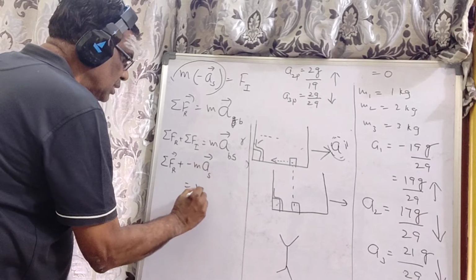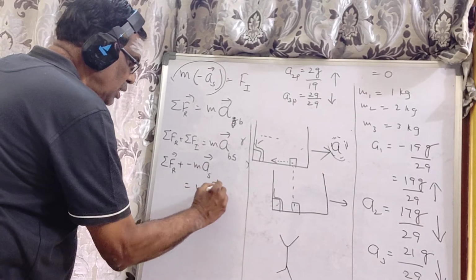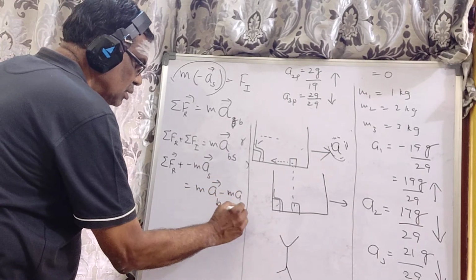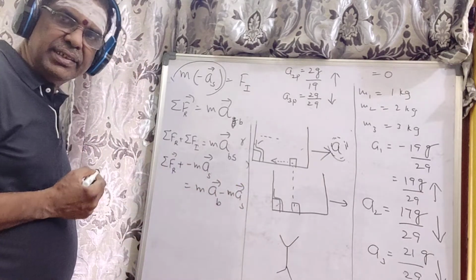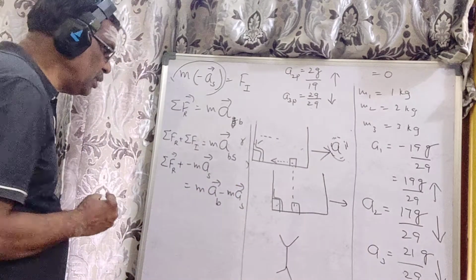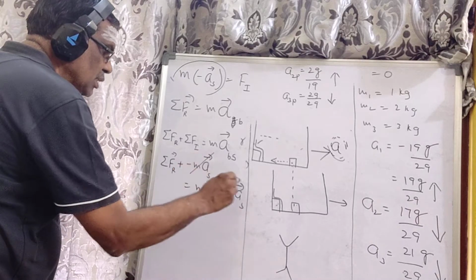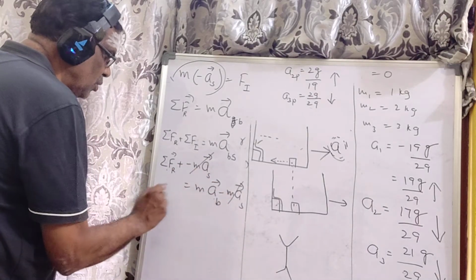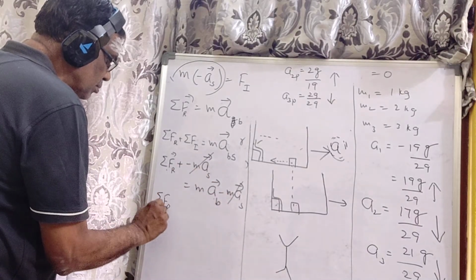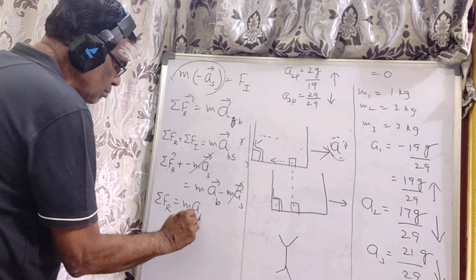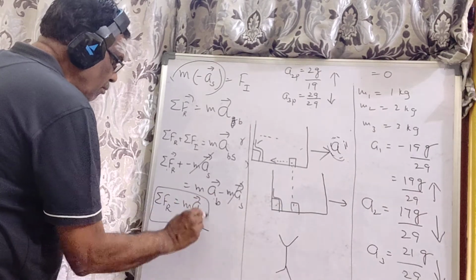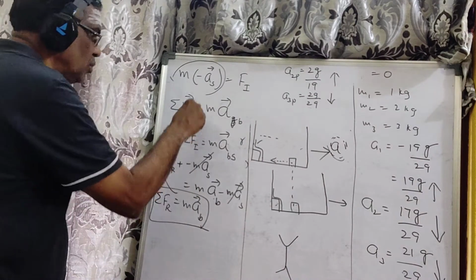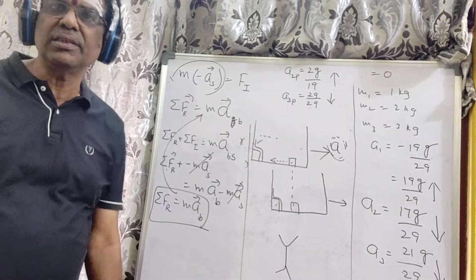What is this? m a_B minus m a_S. Got the point? Now this and this cancel. So what are you getting? This is nothing but your original relation.